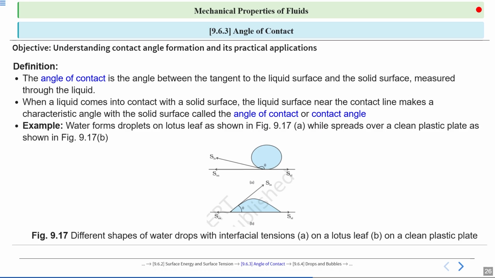So let's look at a real world example. Water forms round droplets on a lotus leaf as shown in figure 9.17a, but it spreads out on a clean plastic plate as shown in figure 9.17b. This difference is due to the contact angle and the interaction between the water and the surfaces. The shape of the drop changes depending on the surface. This is a direct result of the contact angle.